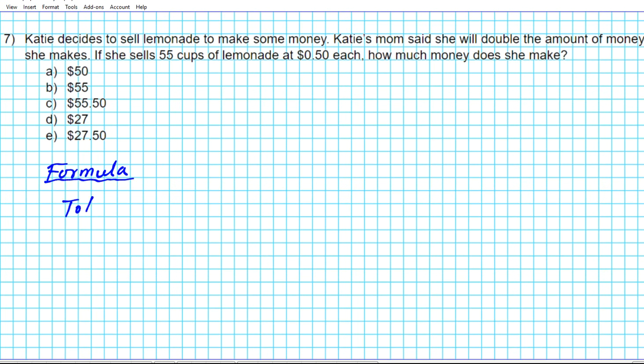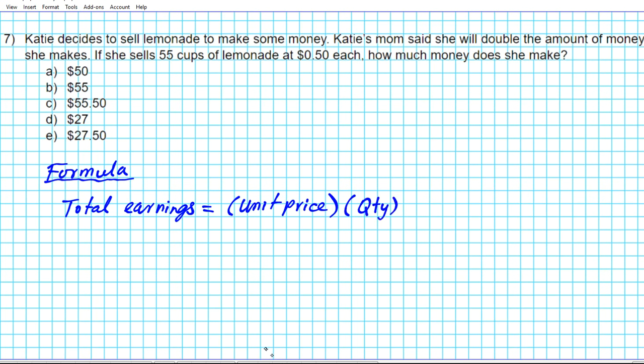Total income or earnings for sales is basically the unit price that you charge multiplied by the quantity that you sold.